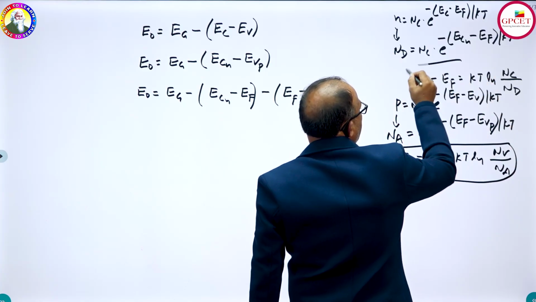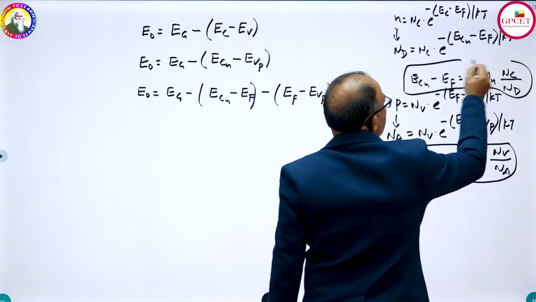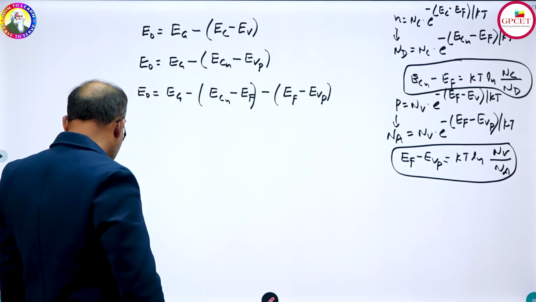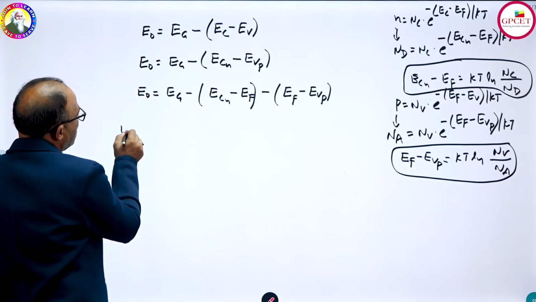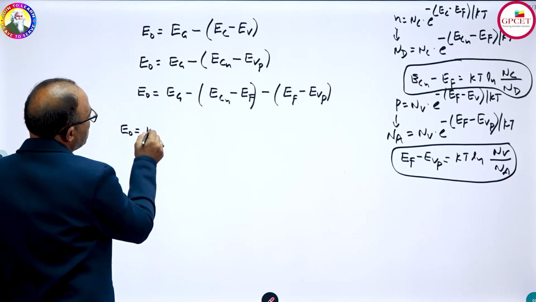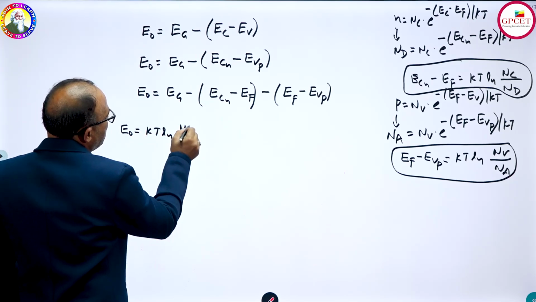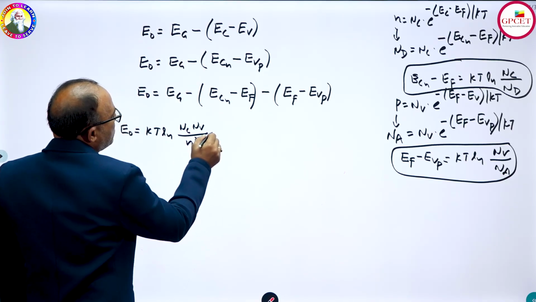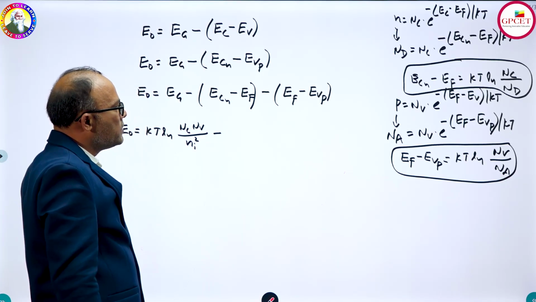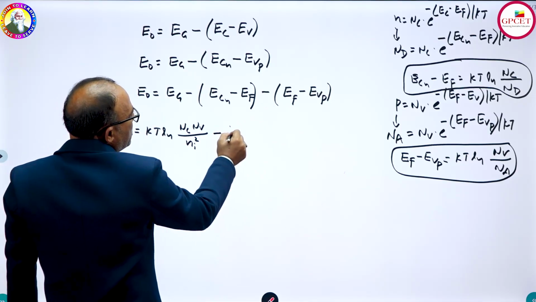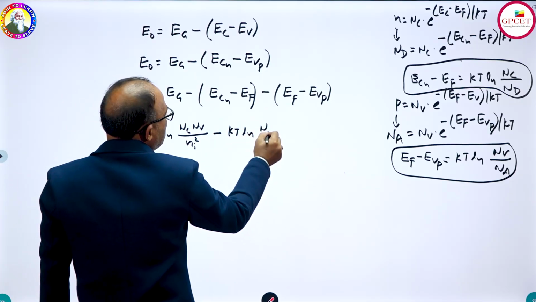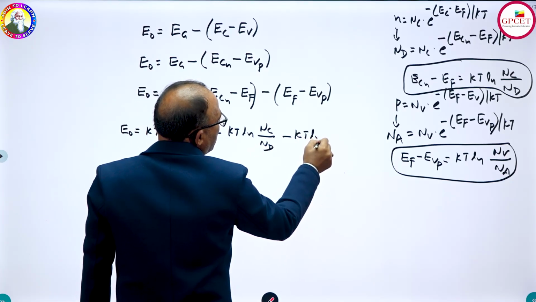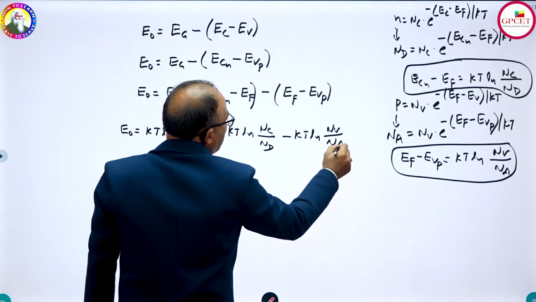So this is one equation I got, and this is another equation I got. Substitute all these equations, including Eg also. So we got E naught is equal to Eg. What is Eg? Eg is equal to kT ln (Nc Nv divided by ni squared) minus (Ecn minus Ef). From that equation we got kT ln (Nc by Nd) minus kT ln (Nv divided by Na).